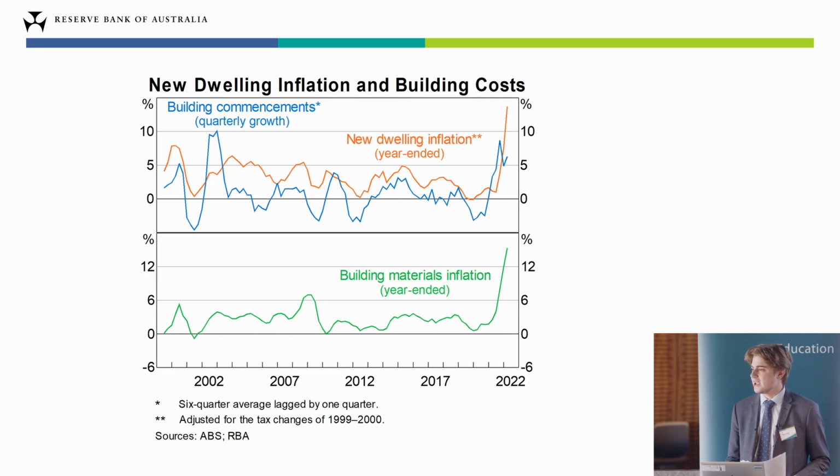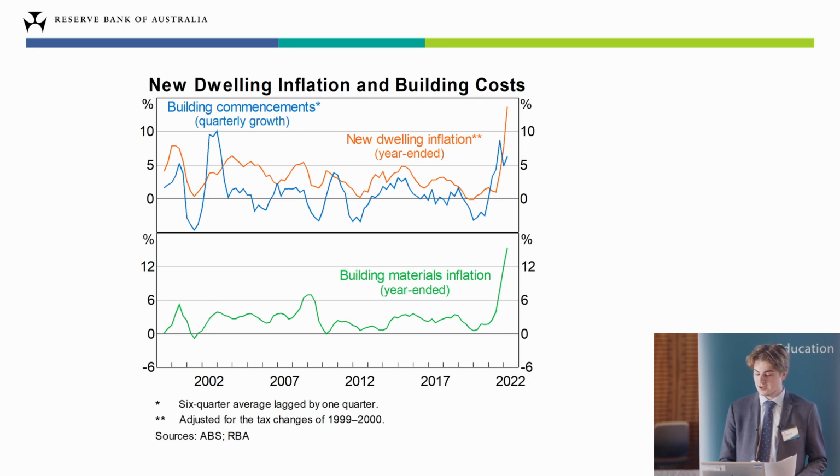So both supply and demand are very important in this market. Just before the pandemic, new dwelling inflation was pretty weak, with prices basically unchanged around 2019. This reflected a decline in demand, as shown by the commencement of new property construction in this blue line, but a weakness in the inflation of building materials, an important input cost to the construction of new dwellings, also contributed to those weak outcomes.